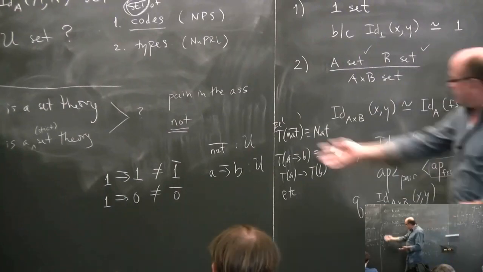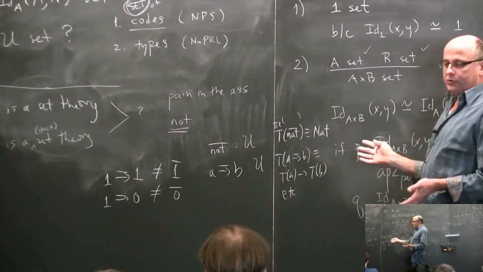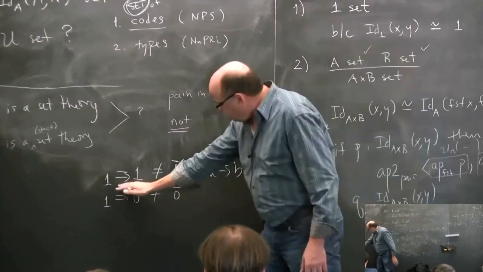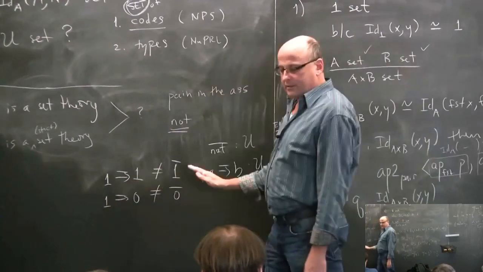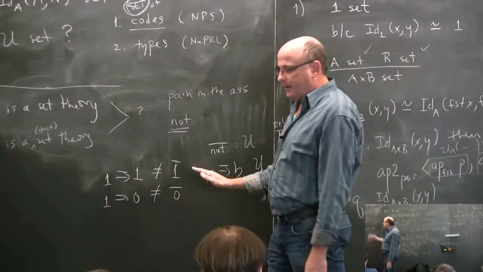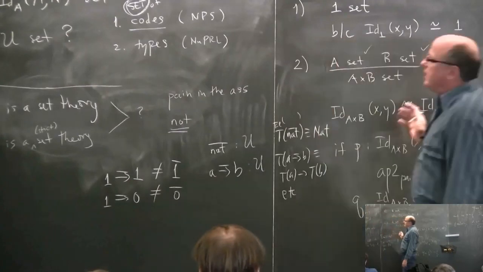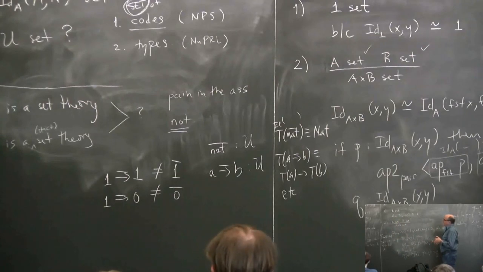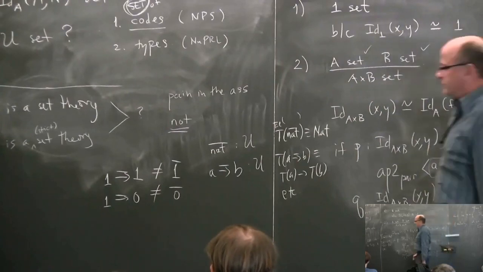You have an eliminator that lets you decode the codes, and everything's fine, except that there are no equations like this. Whereas in something like Nuprl type theory, we decided that types were PERs, and one interpretation of the universe is to say that equality there means they have the same PER, partial equivalence relation over untyped terms.